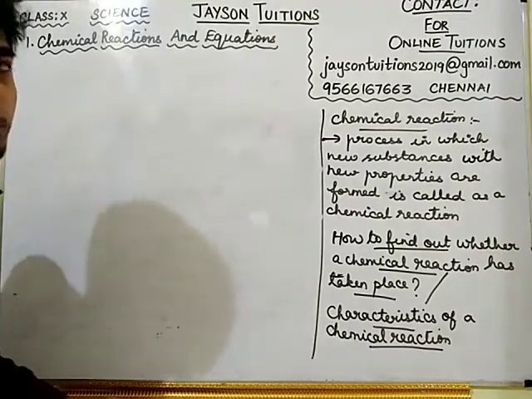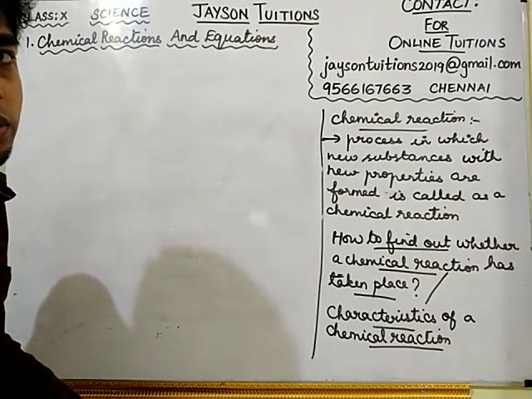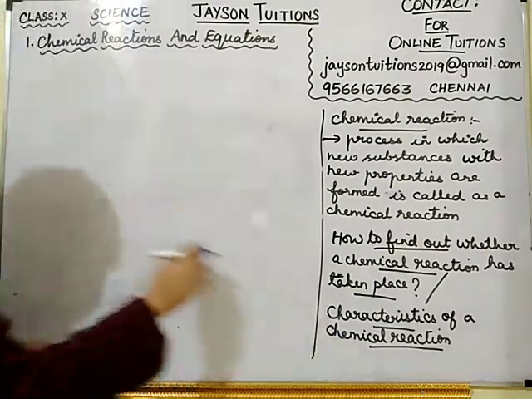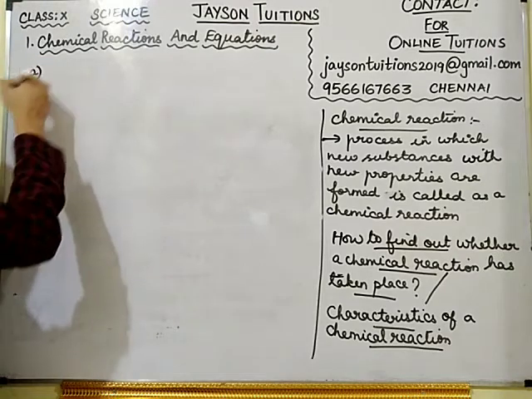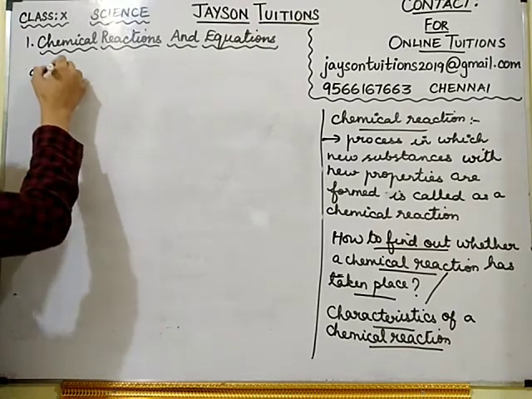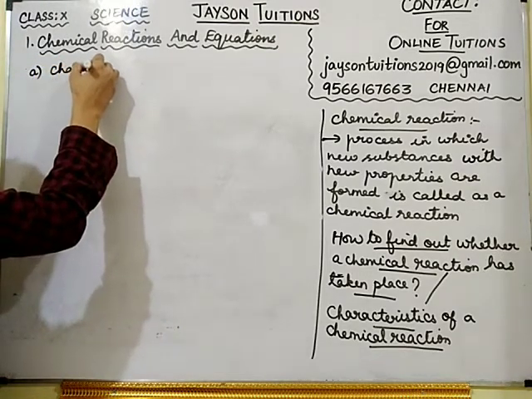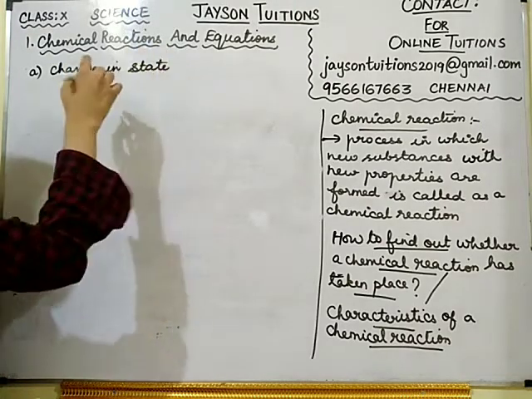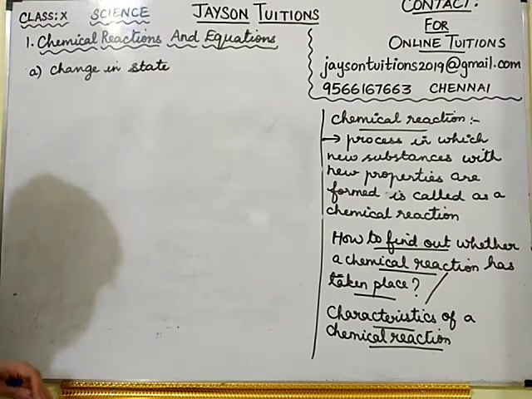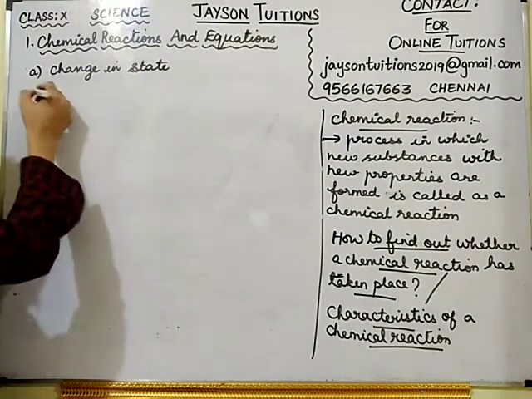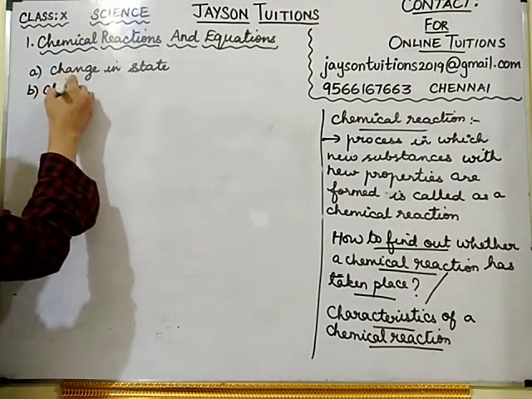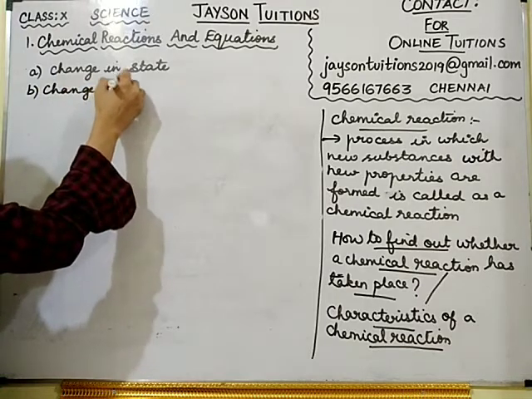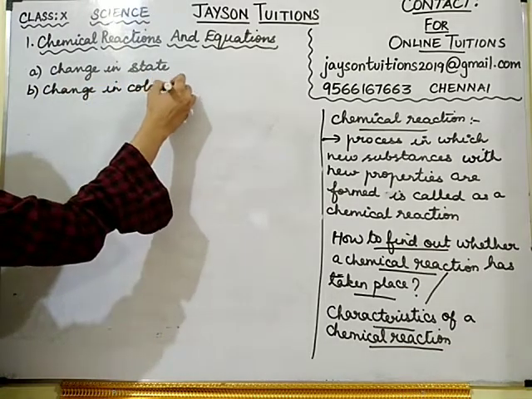Allot a separate notebook and copy down the notes. Okay, so what are the characteristics of a chemical reaction? The first one is change in state. I'll explain each one in detail. Next one is change in color.